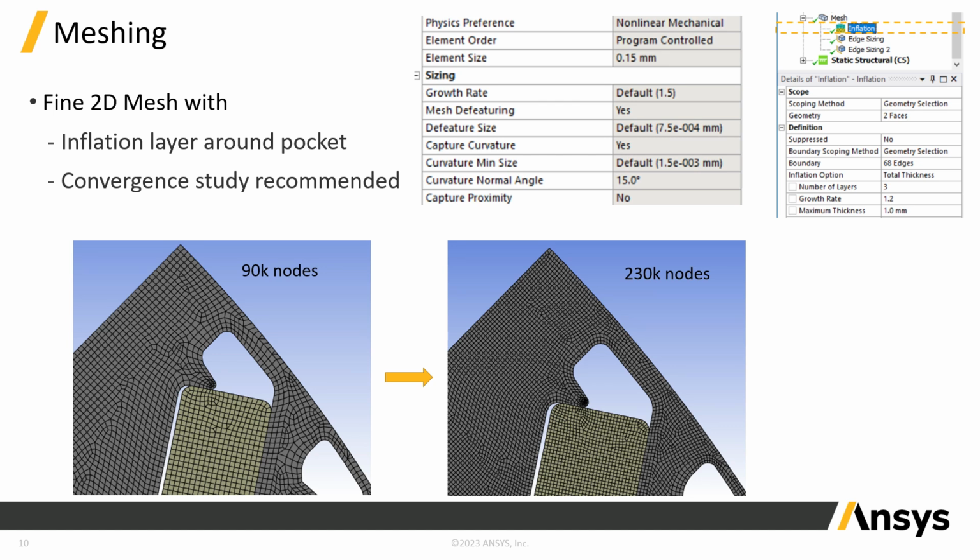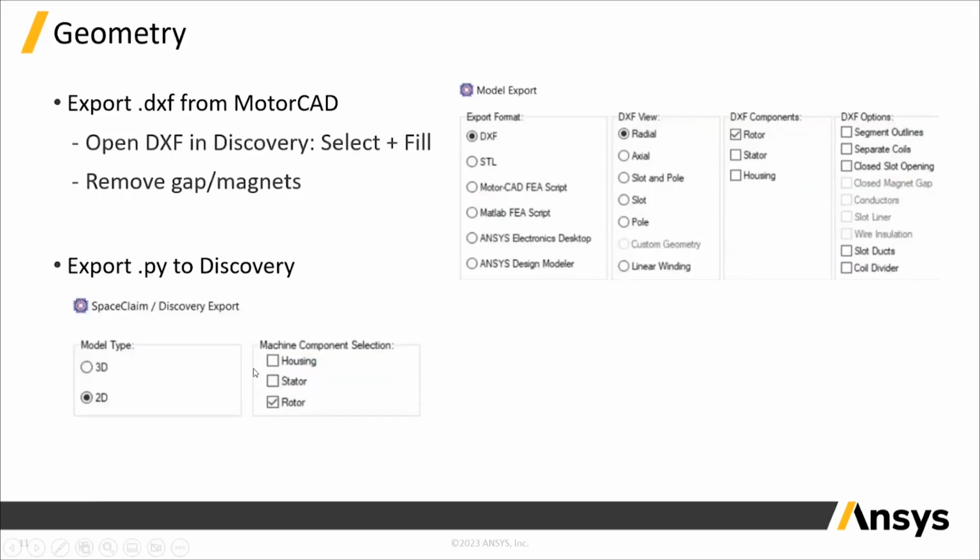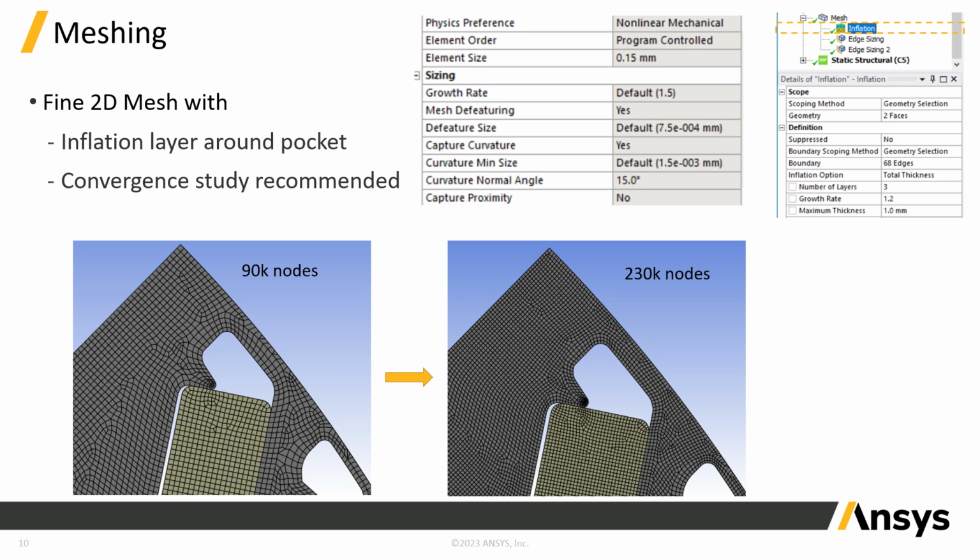After the geometry is imported, you can do a mesh refinement study. Typically, we recommend some type of convergence study. The mesh on the left is the baseline mesh we started with.